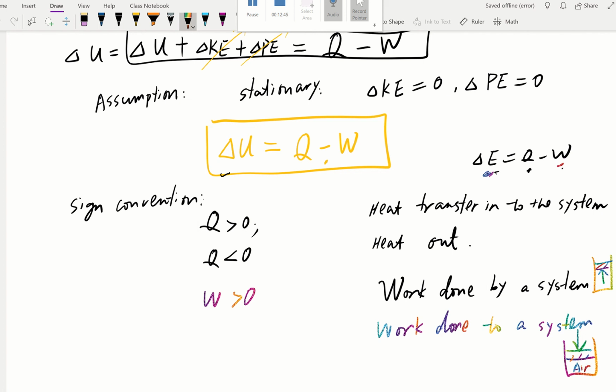So there's work done to this air in the system. And you know, when air is compressed, the energy of the air will increase. So delta E is to be increased, to be a positive value. And here I'm going to be minus, so I'm going to be minus a negative value. So I'm actually plus a positive value to make my energy increase. All right, so that's the sign convention.